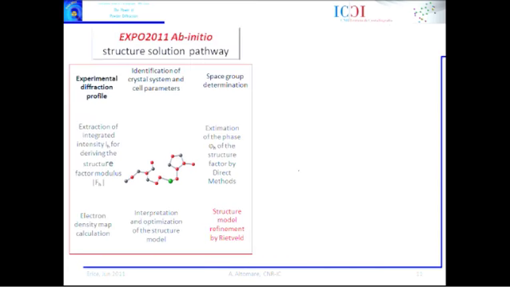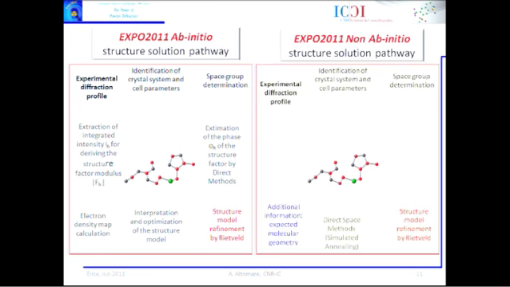But now let's see the difference between the ab initio solution process and the non-ab initio solution case. You see that in the ab initio solution process, all the steps are executed, while in the non-ab initio solution case, the extraction step and the phasing step are skipped, but additional information is required.